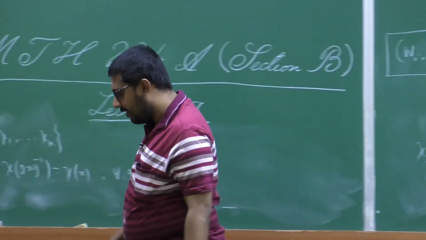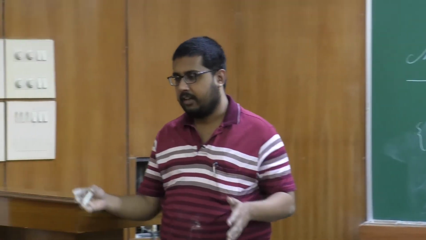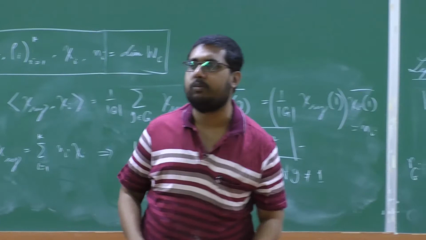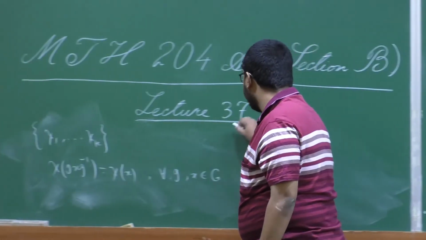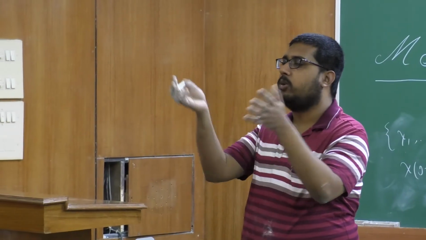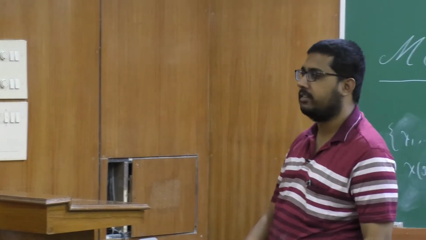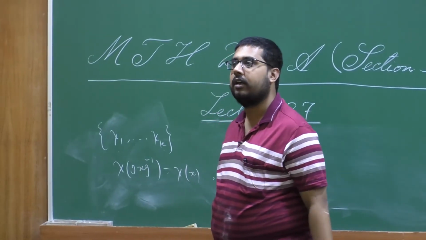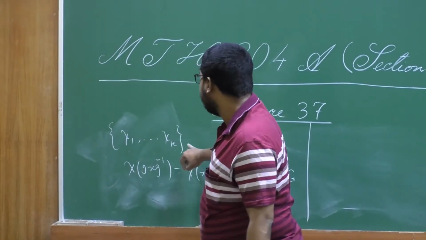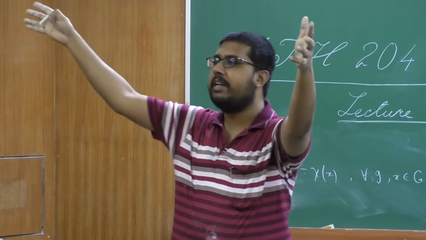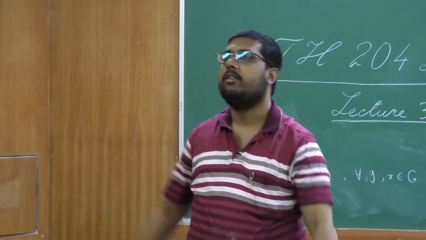Okay. However, this observation that we have just made, why we cannot even expect that this is going to be an orthonormal basis, immediately poses a new question: instead of considering all functions in CG, if we consider exactly that subcollection of functions which are constant on conjugacy classes, then can we expect that that is going to be an orthonormal basis of that subspace, provided we are able to show that the subcollection indeed forms a subspace?